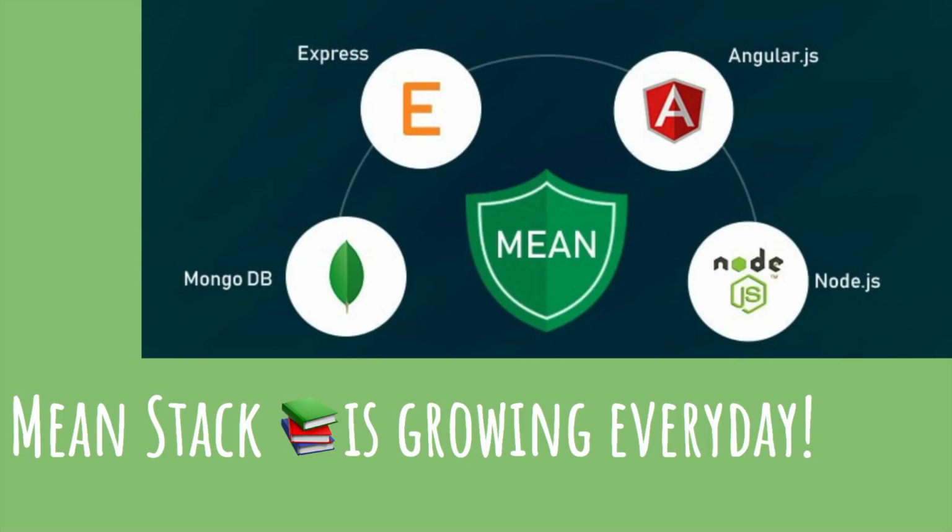Another big reason why Node.js is a big thing is the MEAN stack. What does the MEAN stack mean? M stands for MongoDB. MongoDB is a non-relational database. It's pretty famous when we make Node.js web apps. Express is another framework built for Node.js, which allows you to do routing.